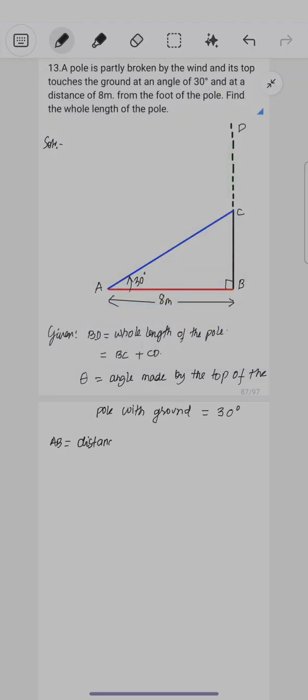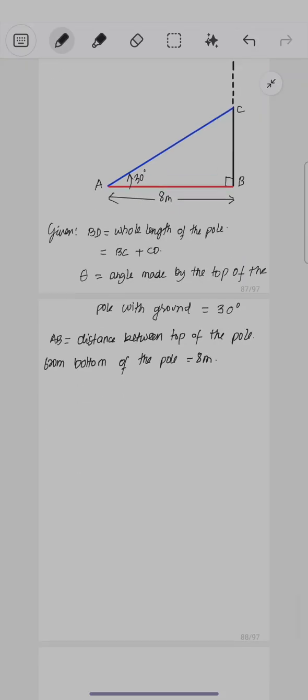Distance between the top of the pole from the bottom of the pole, which is 8 meters. The question is to find the whole length of the pole, BD.